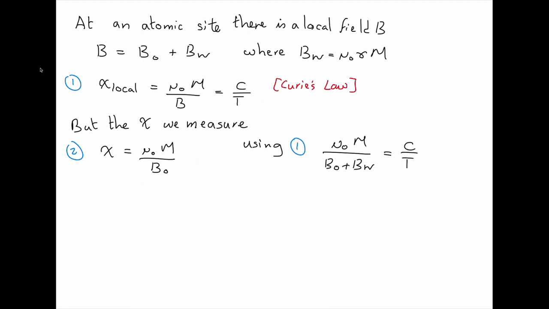Now expanding that would give me mu naught M T is C (B naught plus B Weiss).